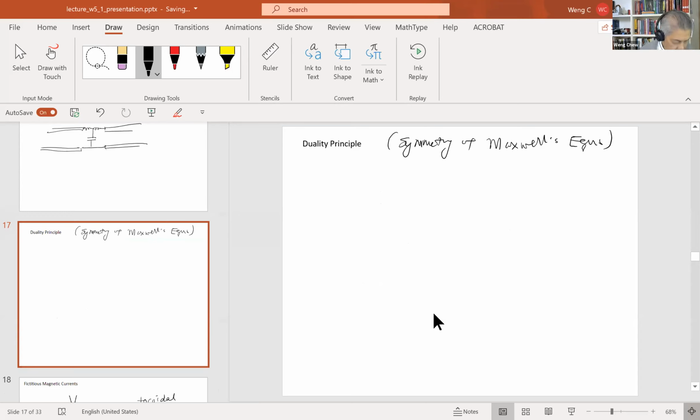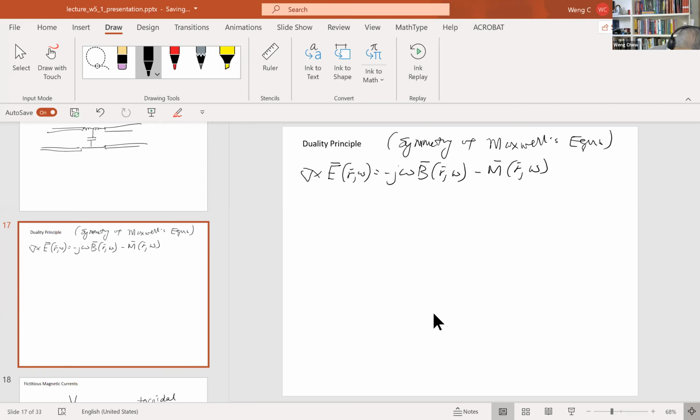If you look at Maxwell's equations, they're actually very symmetrical. And then we can add in fictitious current or magnetic current to Maxwell's equations as well to make them more symmetrical. And then there's Faraday's law.